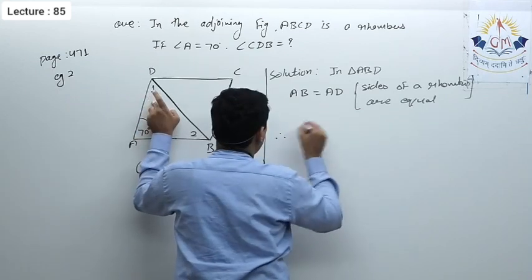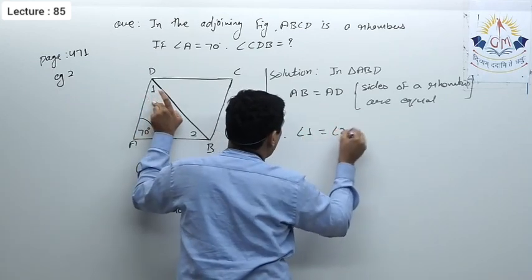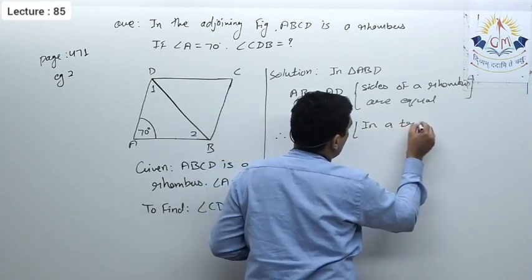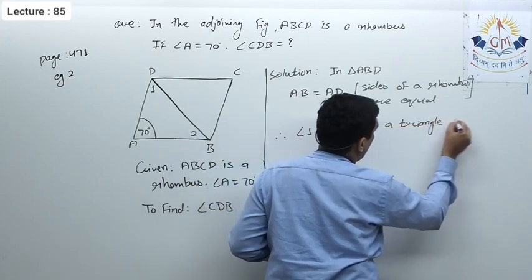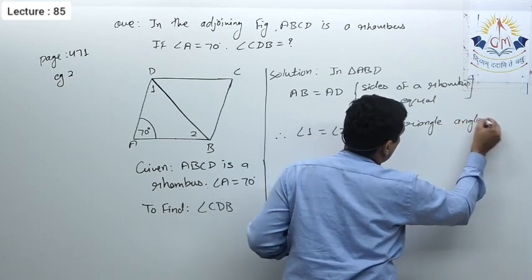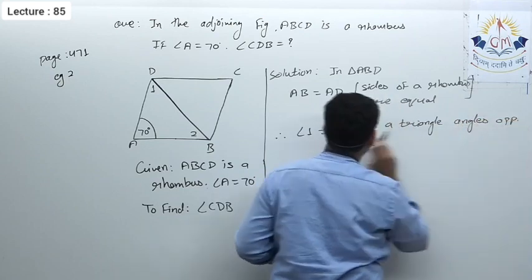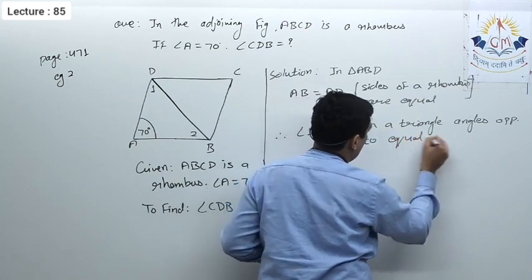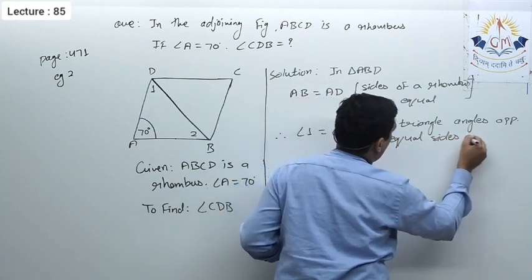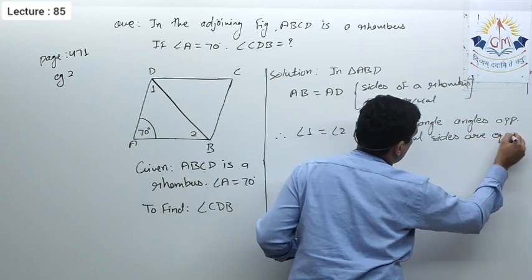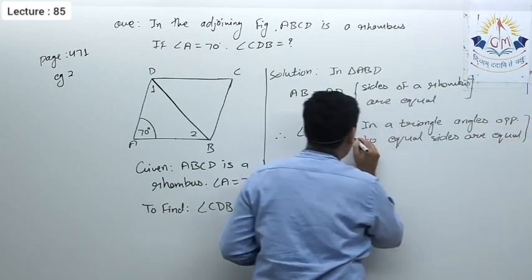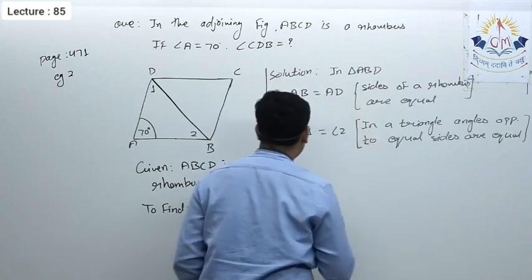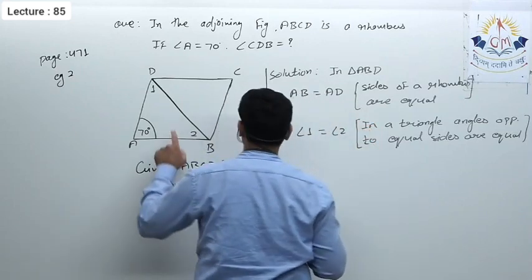Angle opposite to AB is angle 2, therefore angle 1 is equal to angle 2, and reason is in a triangle, angles opposite to equal sides are equal. Angle 1 equal to angle 2.